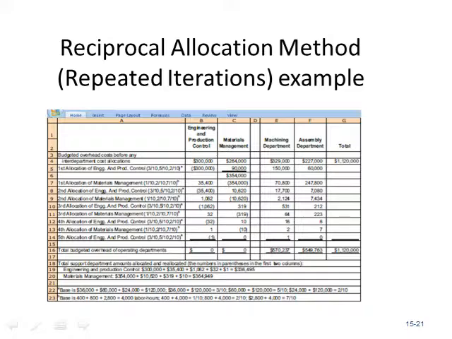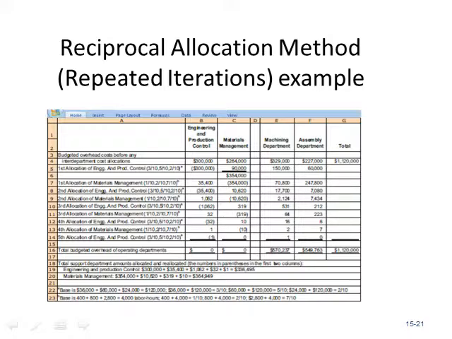However, what we also see here is that engineering and production and control is now receiving some portion or some allocation from materials management as well. So between support departments, we see a two-way allocation of cost between the support departments and into the operating departments.